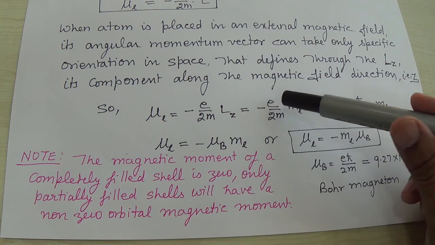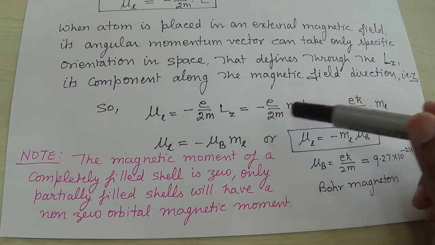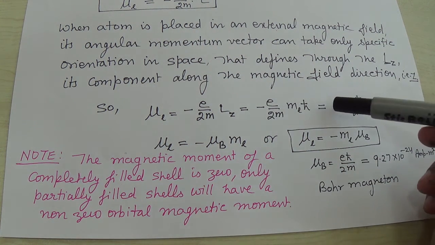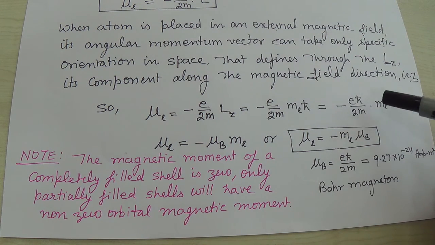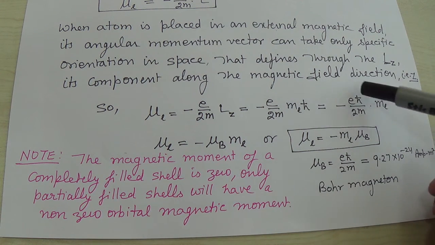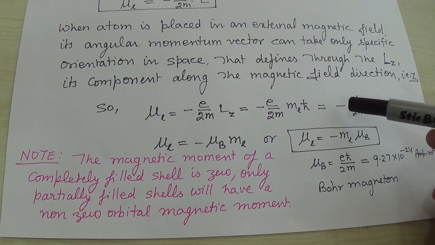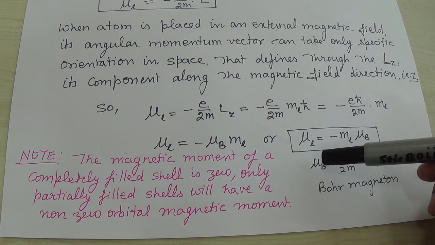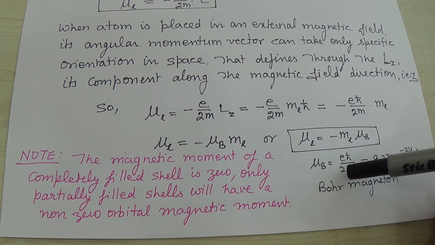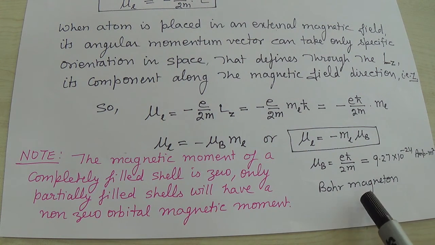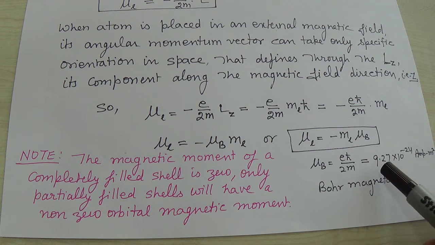If I keep these together, it becomes -e h cross upon 2m into ml, and you know that e h cross upon 2m is the Bohr magneton, mu b. You have seen it in an earlier slide. Its numerical value is 9.27 into 10 raised to the power minus 24 ampere meter square.